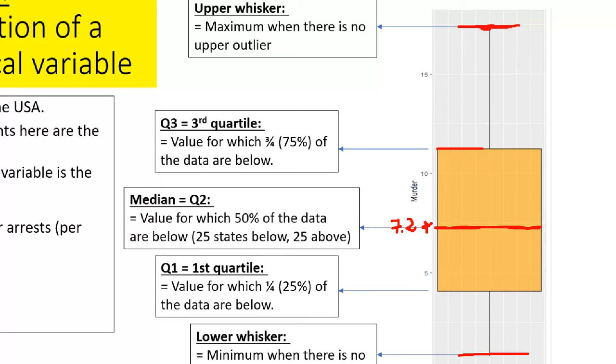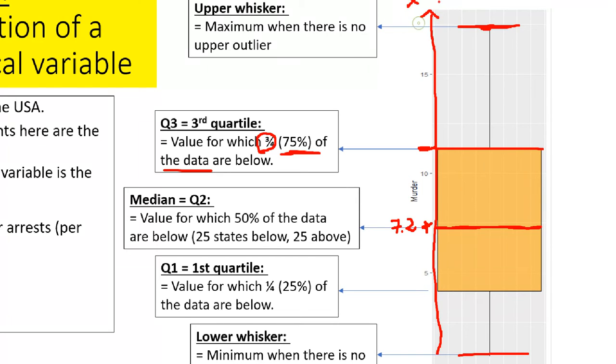Q3 is that one. Q3 is called the third quartile because you have 3/4 of the data, that is 75% of the states, that have a murder rate below the number that is reported on the y-axis. So the y-axis is the murder rate.